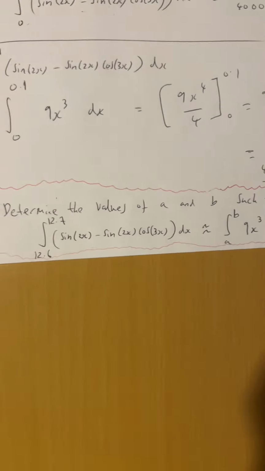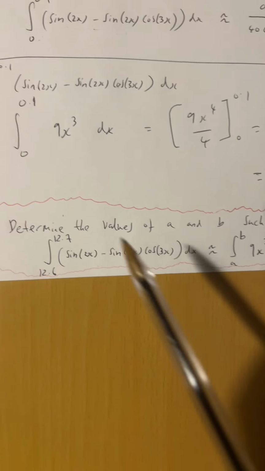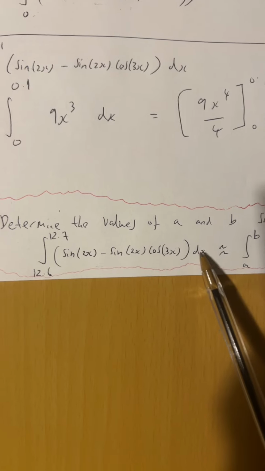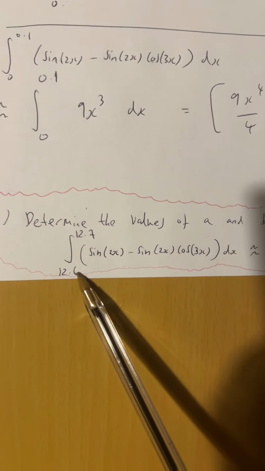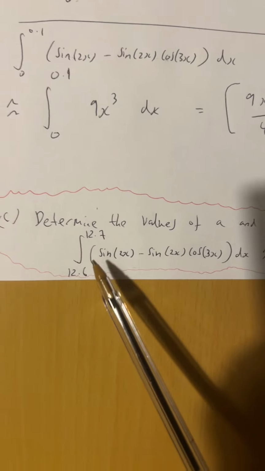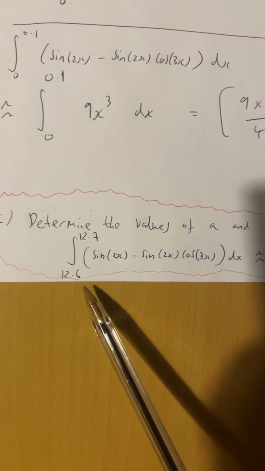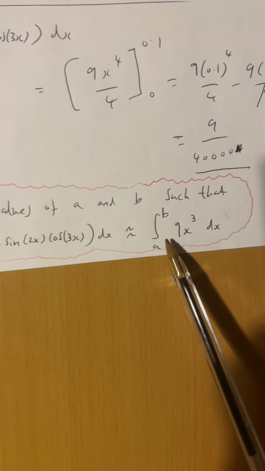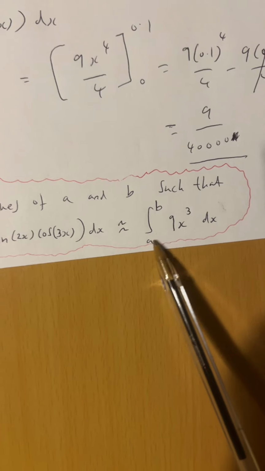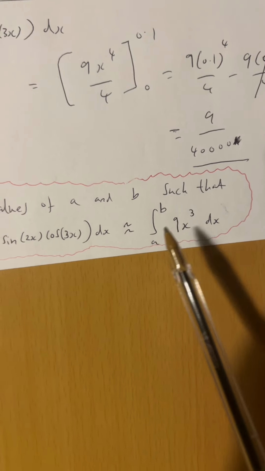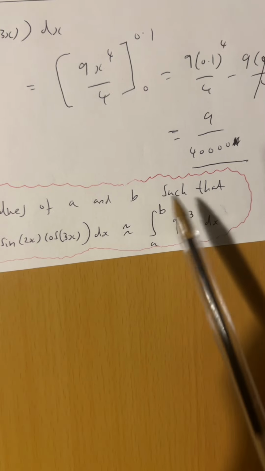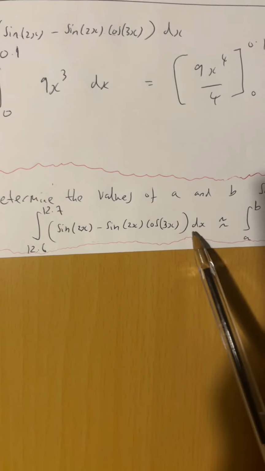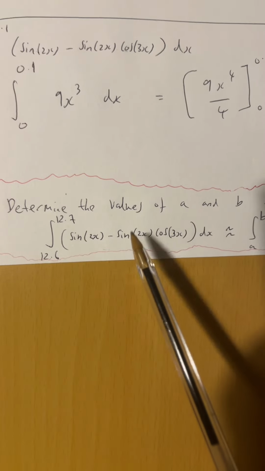The problem with this question is that we're integrating with x values that are not very small. These are quite big, aren't they? So you can't just say that this integral is about the integral from 12.6 to 12.7. So A can't be 12.6, B can't be 12.7, because these are not small x values. So that's why this one is tricky.